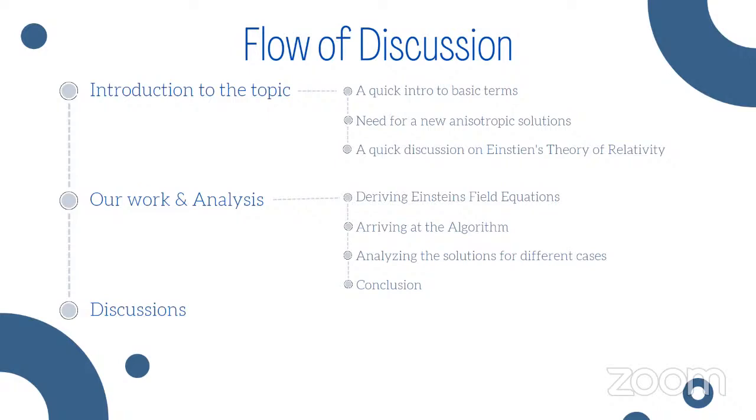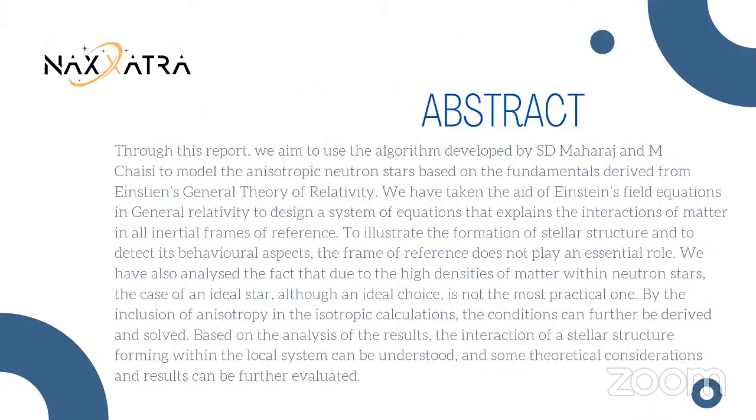After that, we apply the algorithm on some case studies and analyze the solutions in various scenarios. Then we carry out the conclusion of the research study based on our analysis and calculations. After that, we go to the discussion section where we have compiled all our research studies.